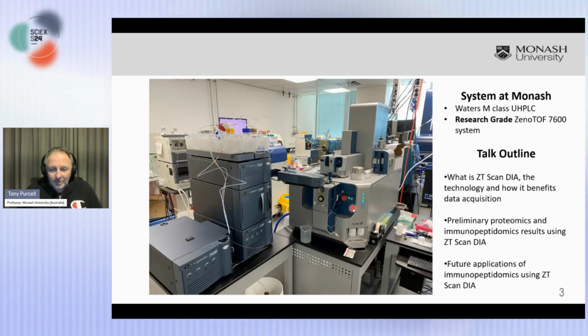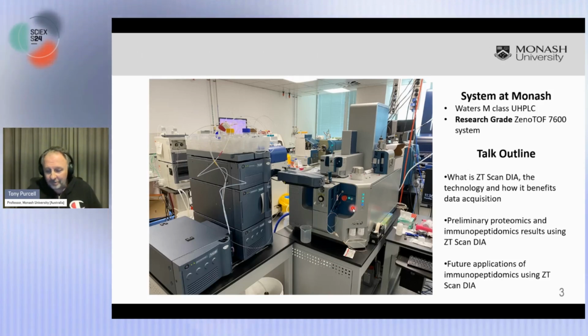I will predominantly focus on proteomics results and then finish up on some fairly preliminary immunopeptidomics results we have, comparing variable windows ZenoSWATH, using quite an optimized method, to our relatively early attempts using the ZT-scan DIA, and hopefully I'll convince you that there are definitely some real benefits of this new scanning DIA method.